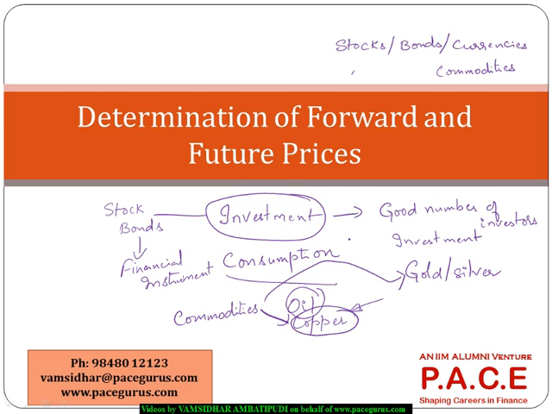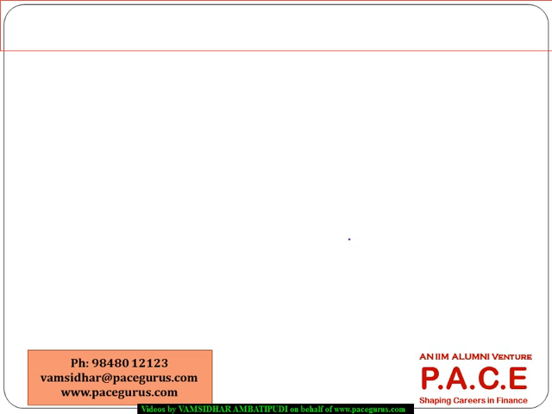So we are now looking at the determination of the price for each of these. Initially, we will focus on investment assets and then slowly move on to consumption assets as well. What we could typically see is the concept of arbitrage, a risk-less profit.